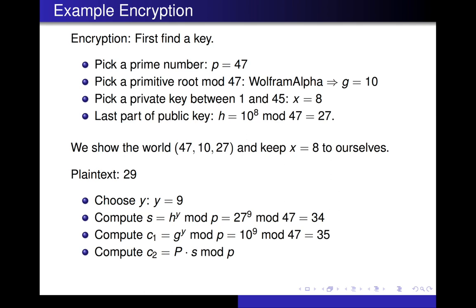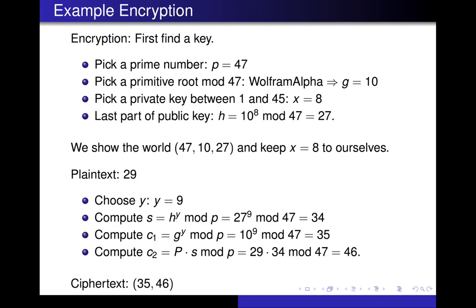And lastly, we compute C2, which is P times S mod p. Our plain text P is 29. Our S, we computed above, is 34. And our p is 47. And we end up with the number 46. So our C1 is 35, our C2 is 46, and that's our ciphertext. Okay? Now we're going to run this in reverse.